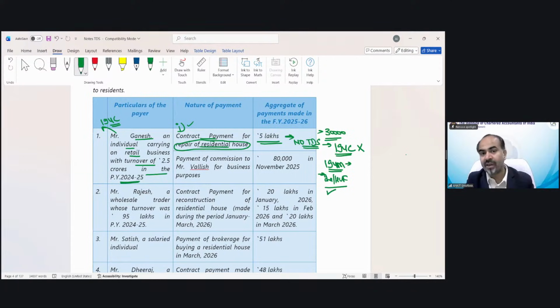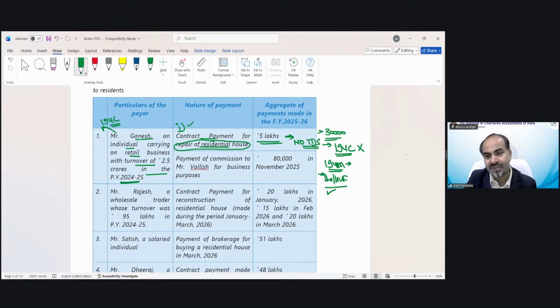You might be thinking, how is it possible? The turnover is exceeding 1 crore. No. The intention was for those individuals and HUFs having turnover less than 1 crore or 50 lakh, but the section does not say this. The section says that if that individual or HUF is not able to deduct TDS under section 194C, then 194M is applicable.